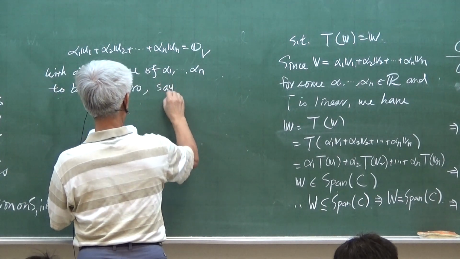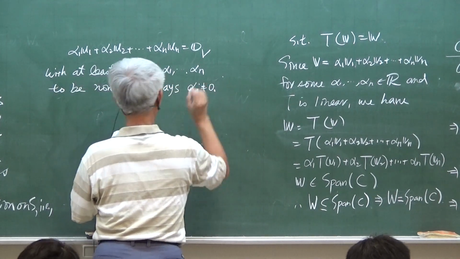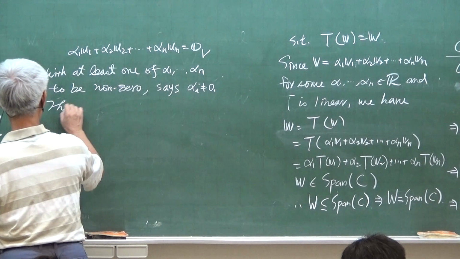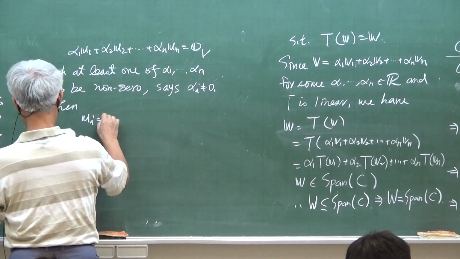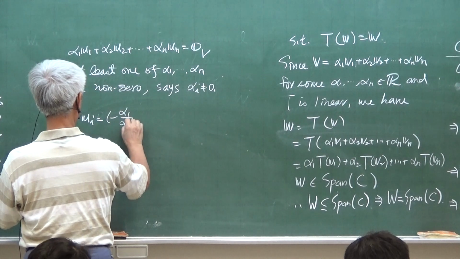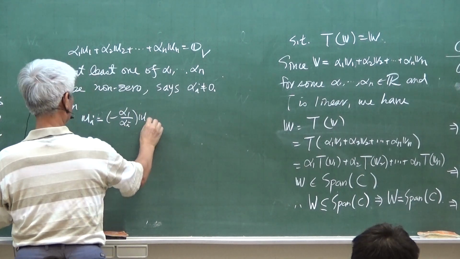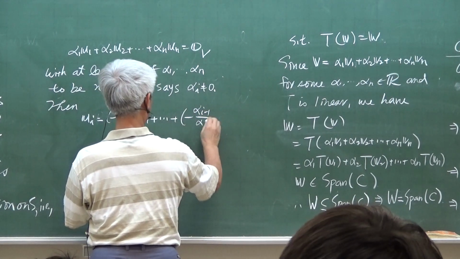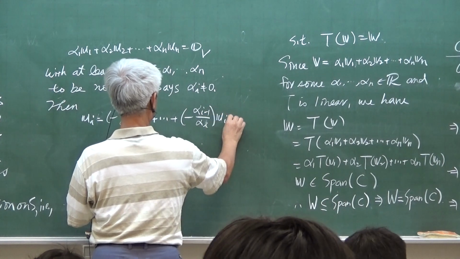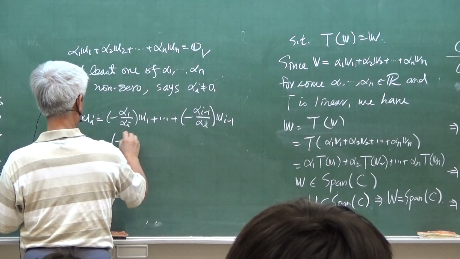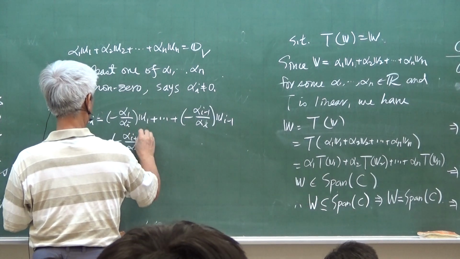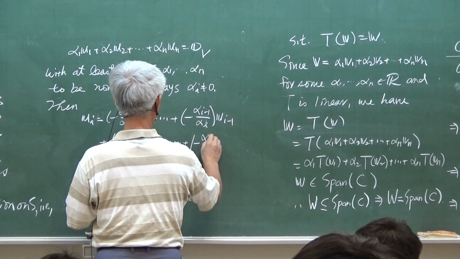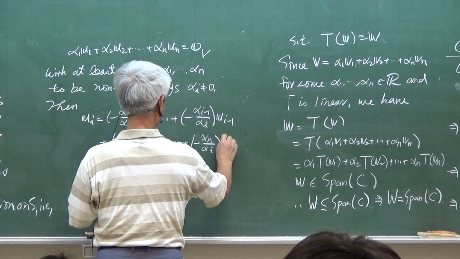So say alpha i not equal to 0. So then ui becomes minus alpha 1 over alpha i u1 plus ... plus minus alpha i minus 1 over alpha i u(i minus 1) plus minus alpha i plus 1 over alpha i u(i plus 1) plus ... plus minus alpha n over alpha i un.